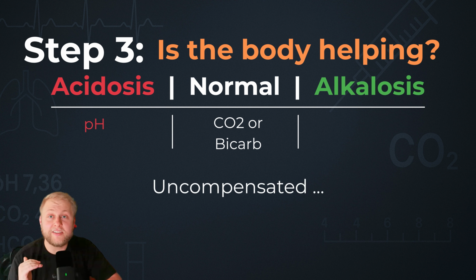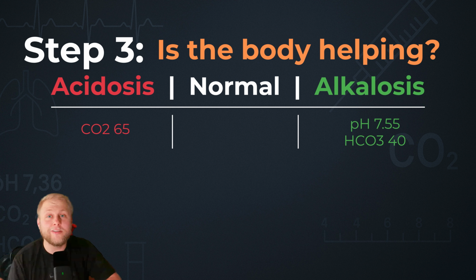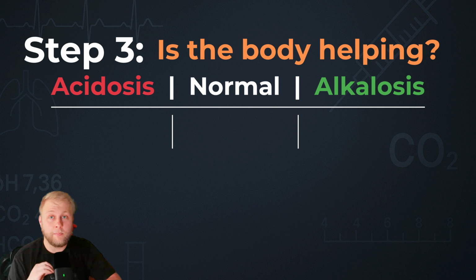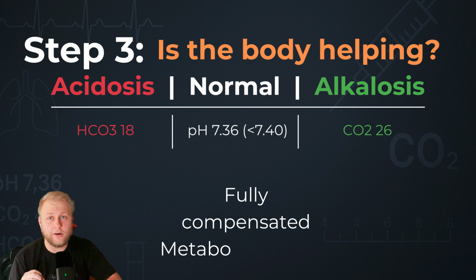They both have to be abnormal for there to be any kind of compensation going on. Now, if both values are abnormal, but the pH is still abnormal, so think about it, the pH is still out of whack, and both of them are out of whack, then it is partially compensated. Now, if both bicarb and CO2 are abnormal, but your pH is back within normal limits, then you are fully compensated. Okay. So think about it.